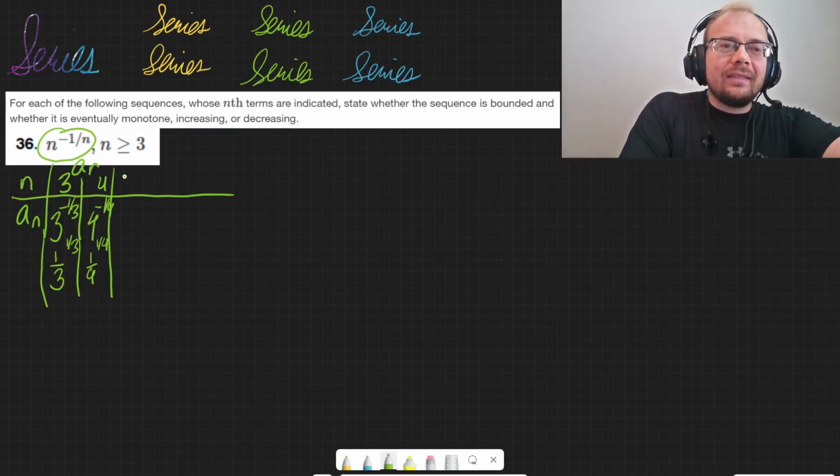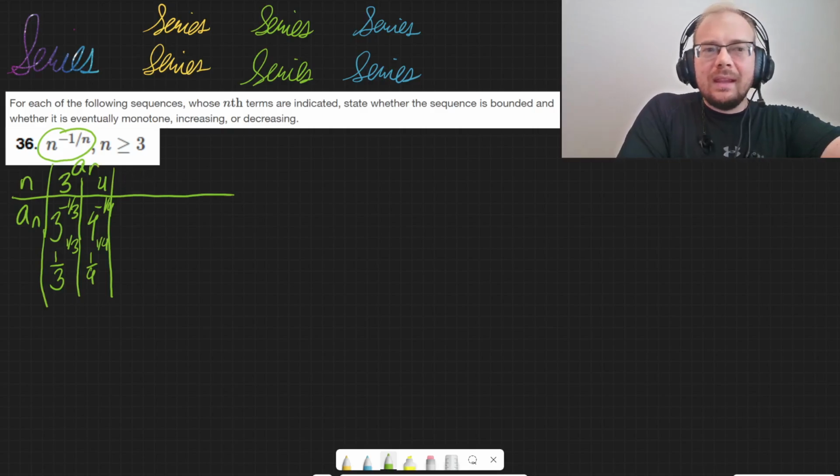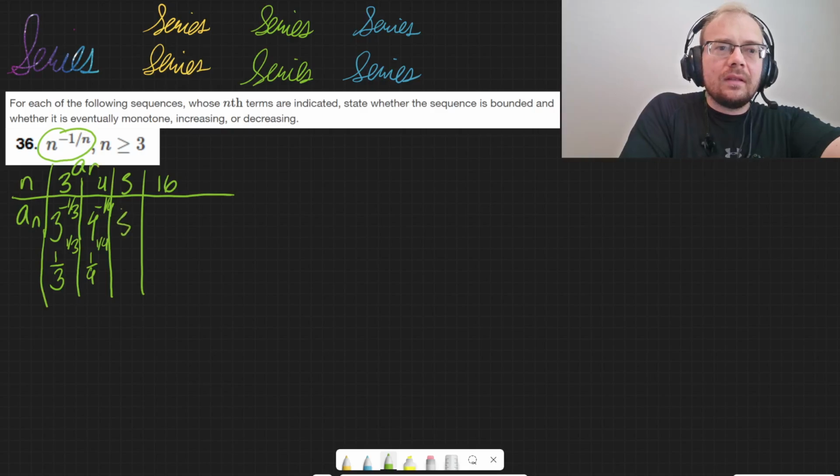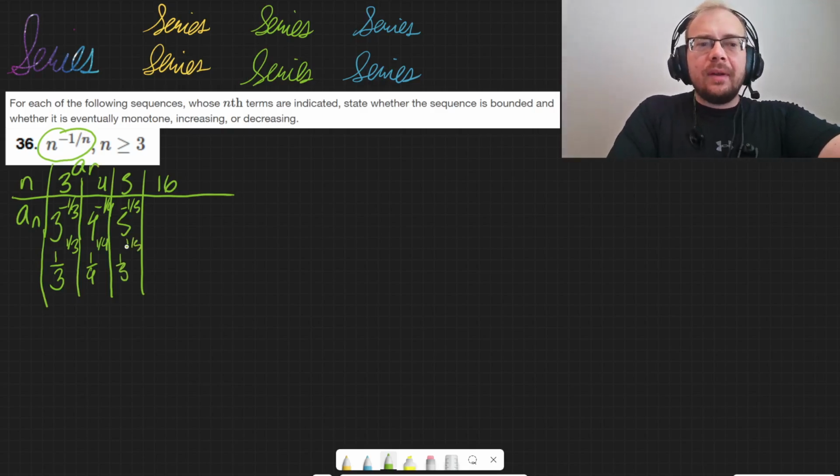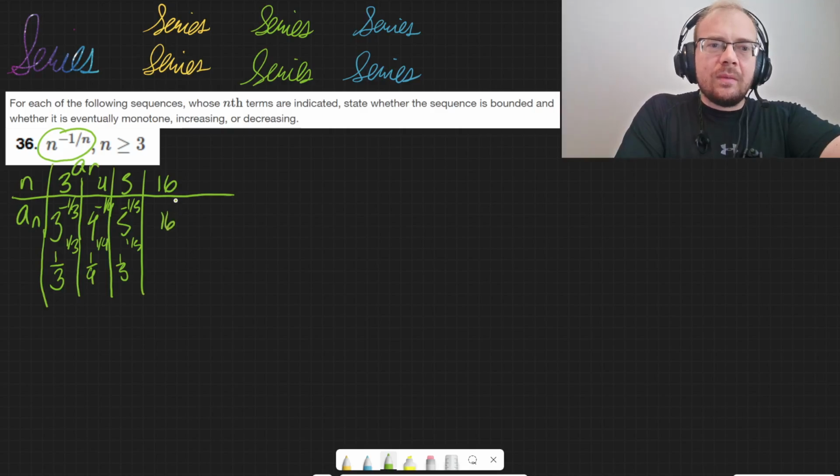I think the first one that we'd be able to actually evaluate by hand might be like 16. 5, skip a few to 16. So this is 5 to the negative 1/5, which is 1/5 to the 1/5. And I'm not putting parentheses on it, but I guess there probably should be parentheses on the 1/3, 1/4, and 1/5. 16 we would probably be able to do, I think.